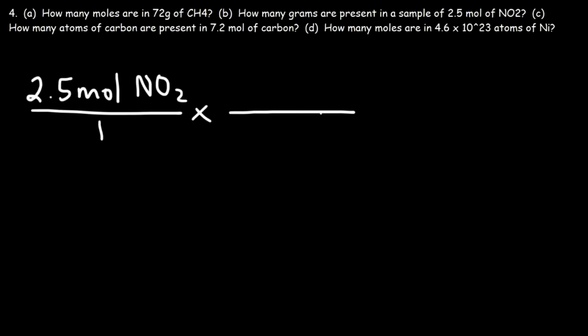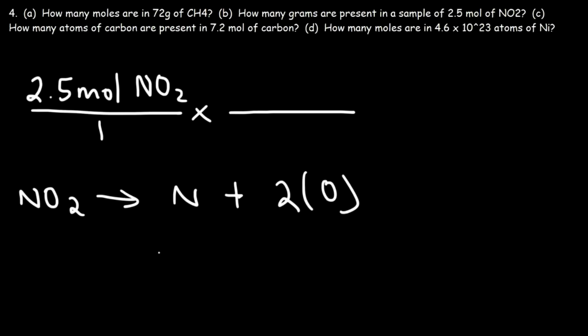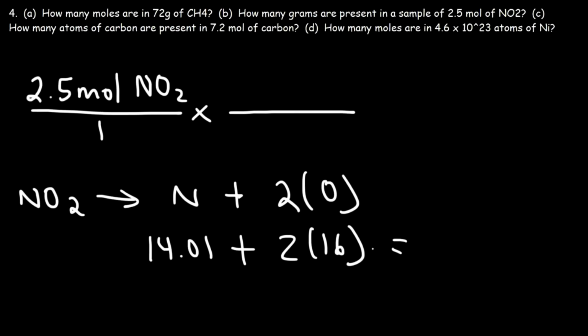In order to convert from moles to grams, we need the molar mass of NO2. We have 1 nitrogen atom and 2 oxygen atoms. The atomic mass for N is 14.01 and for oxygen is 16. So 2 times 16, that's 32, plus 14.01. That's going to give us a molar mass of 46.01 grams per mole.